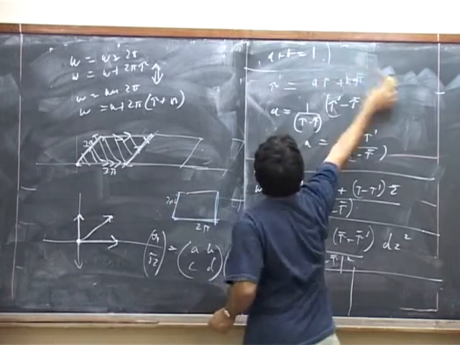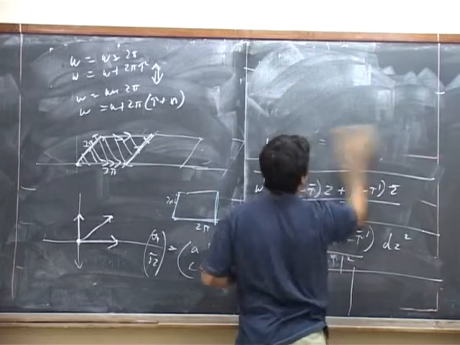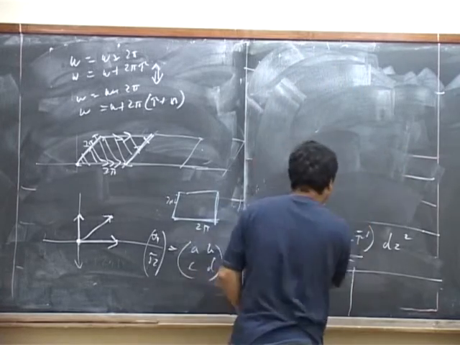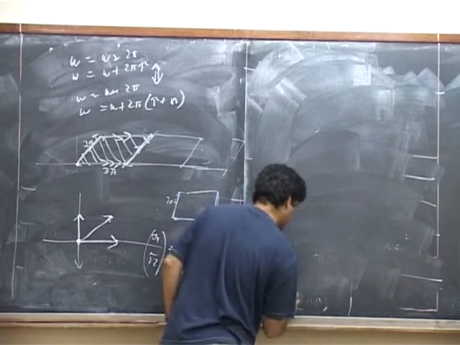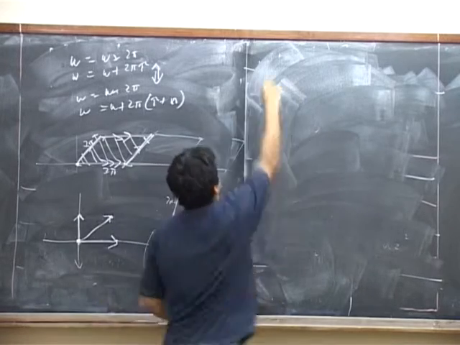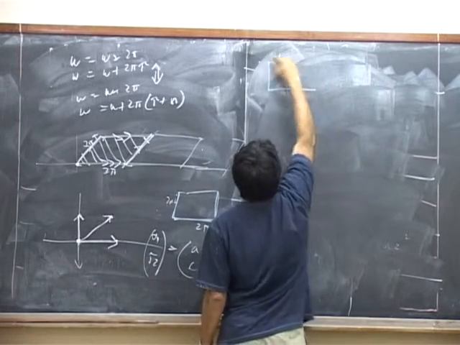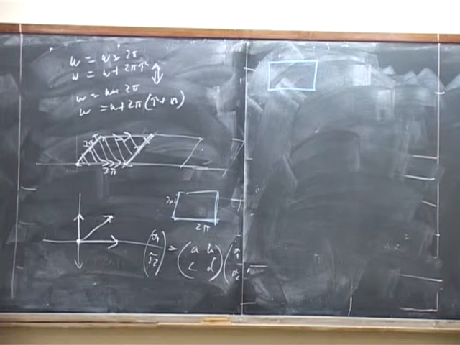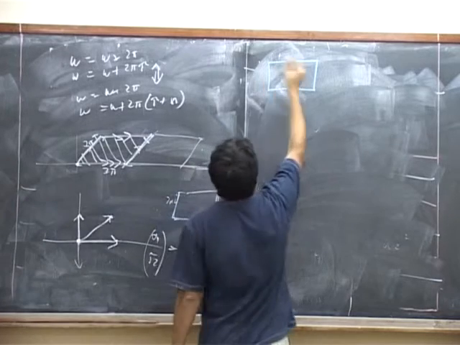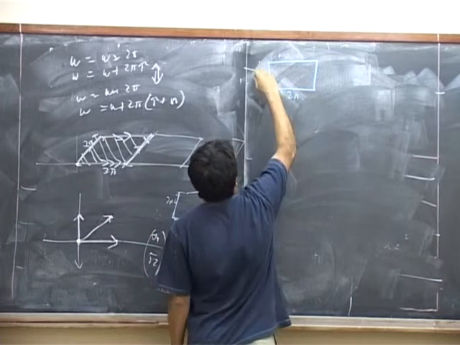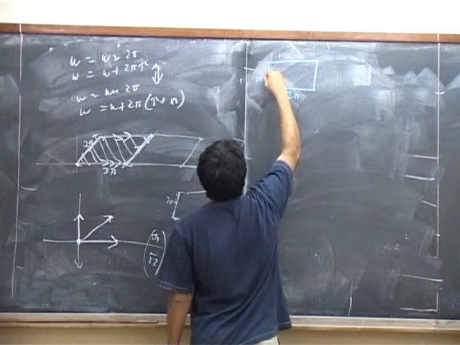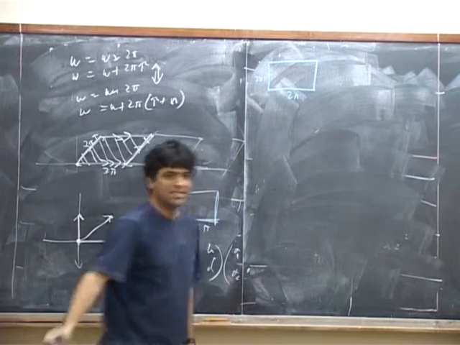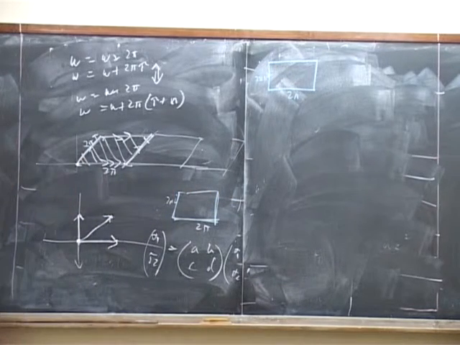Let's start with the rectangular torus. Suppose we had this is 2 pi and this is 2 pi times i times some a. So tau is i times a.